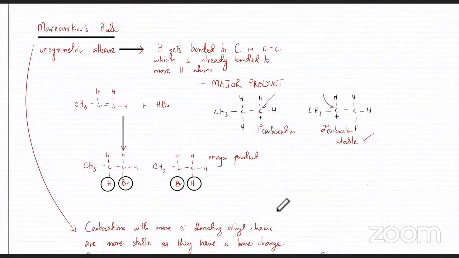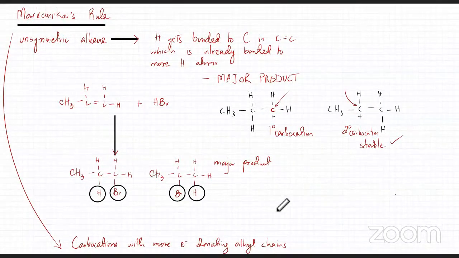There used to be Markovnikov's rule, which was about carbocation stability. The rule was that if you had an unsymmetrical alkene and an addition reaction, the HBr would get added to the double bond. Now there were two options.